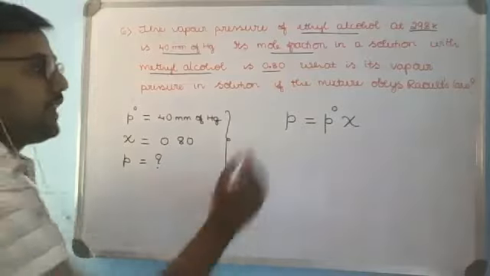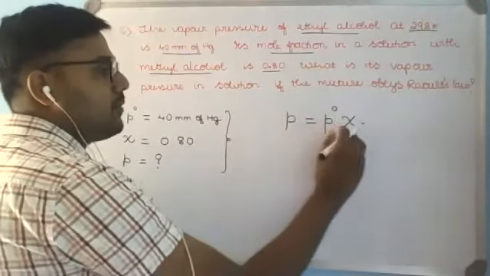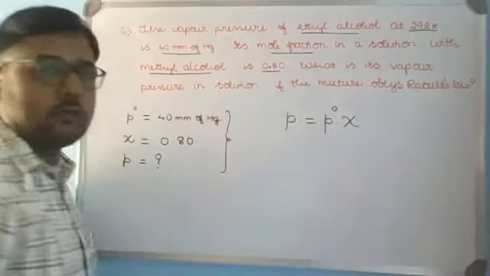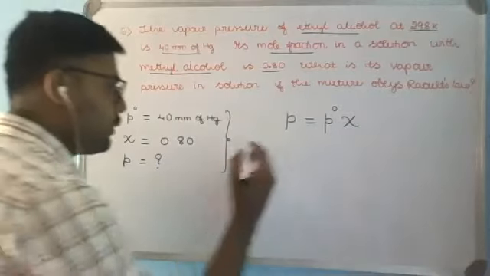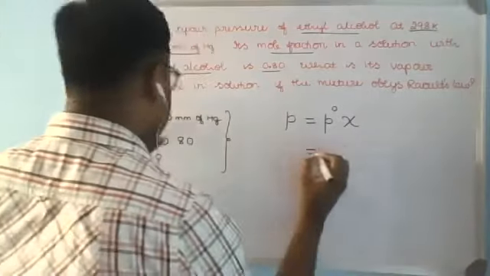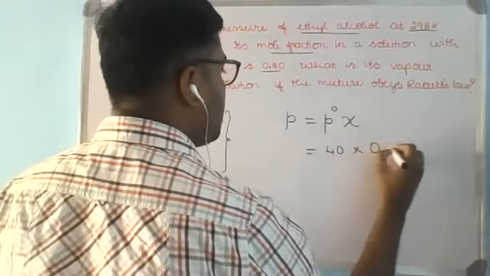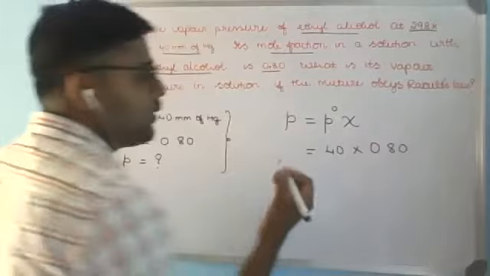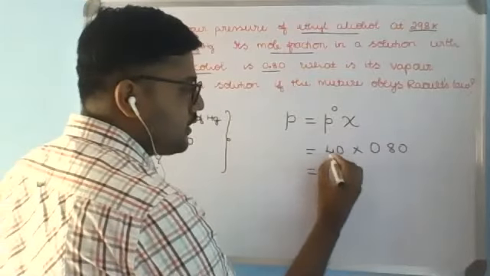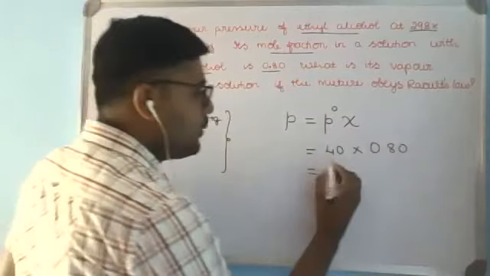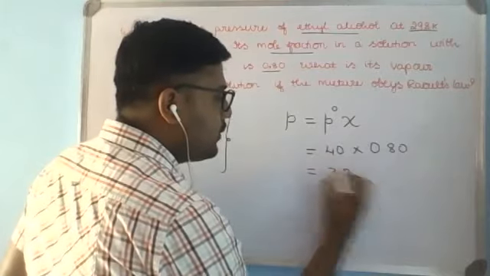Now what we need to find out is P. The remaining values are available in the problem, and it's a direct substitution to get the answer. So P naught is 40, mole fraction is 0.80, and the answer will be 40 into 0.80, which is 32.